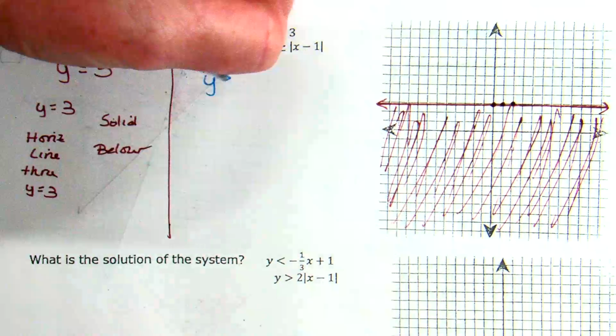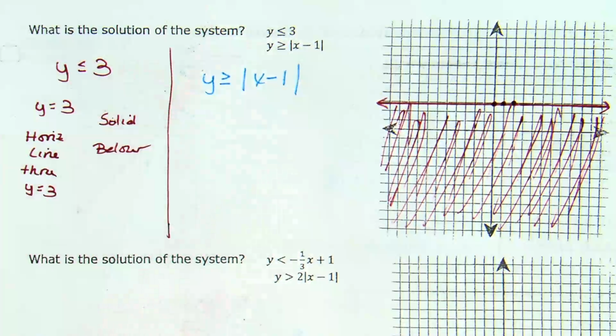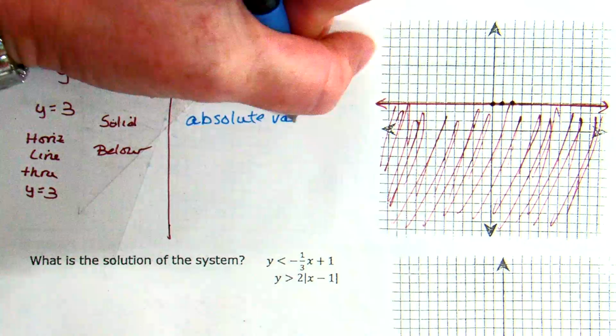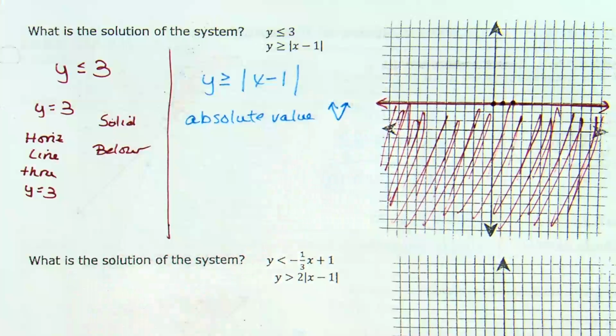Okay, guys, this is where it is incredibly helpful if you remember something about chapter 2. Specifically something about absolute value V's. So we already talked about, because we see absolute value here, this is going to be a V. Where is our just basic absolute value V? At the origin, right? At 0, 0. And remember, each side of that V goes up 1 over 1, right?